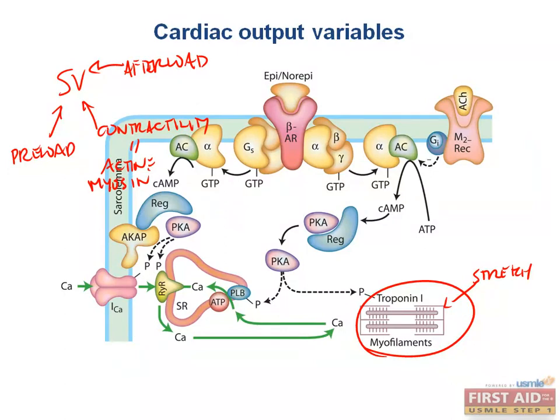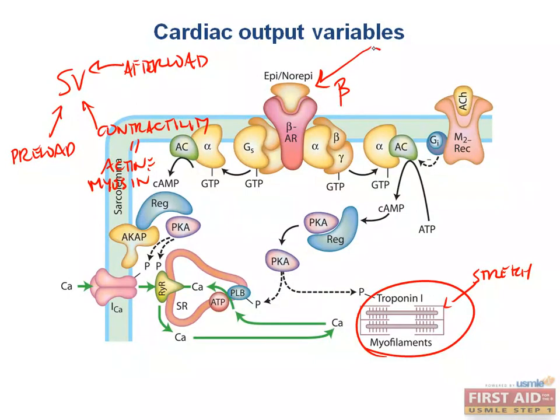Now, what are some things that can cause an increased stroke volume? Anxiety, exercise, and pregnancy. Why? Well, in an anxiety attack, people have a very exaggerated increase in sympathetic nervous activity, which is directly going to stimulate these beta adrenergic receptors on the heart.